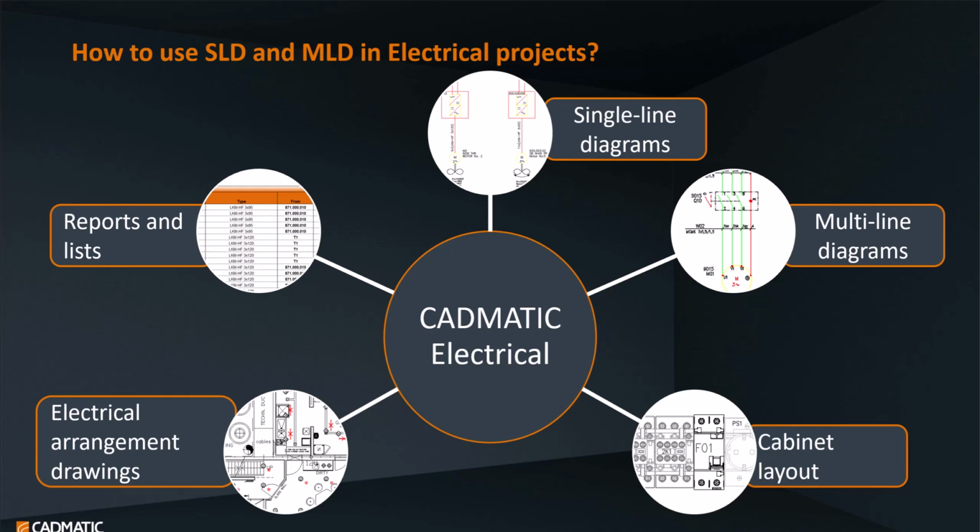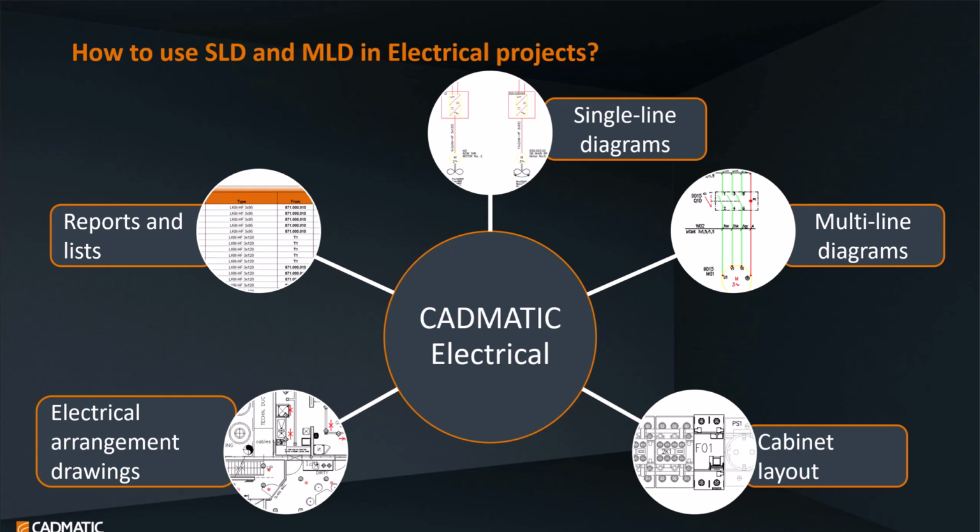Why I say it this way is that you can start your design from any part here, showing these bubbles around the CADMATIC Electrical. Also, these reports and lists, since we have the import functionality in Electrical, you can import the devices as I just mentioned. But maybe you usually start from the arrangement drawings or the single line drawings.